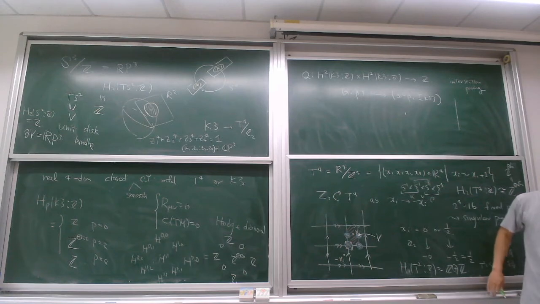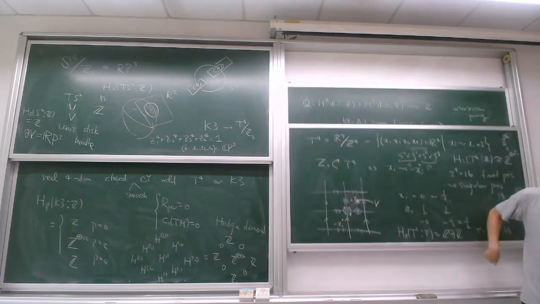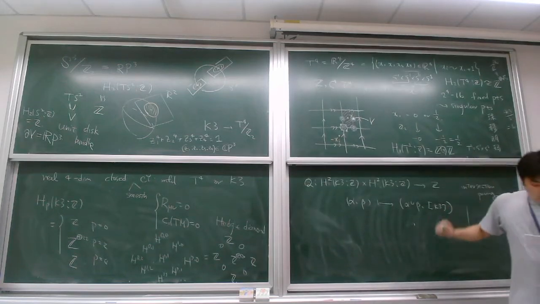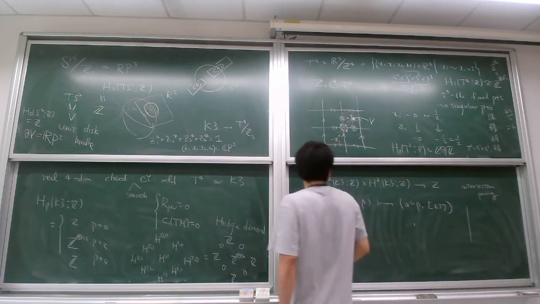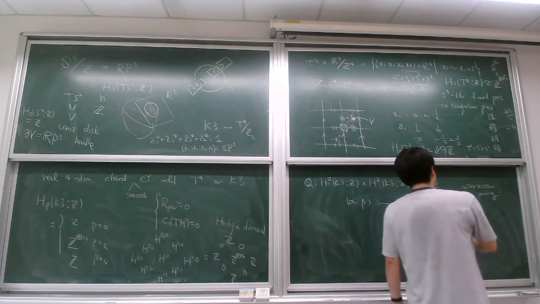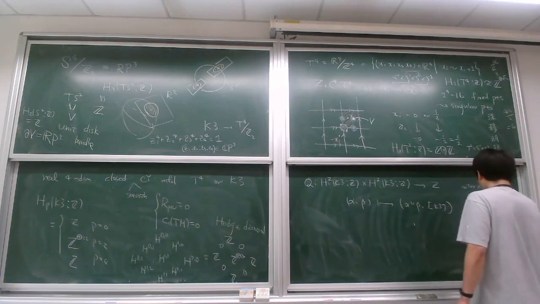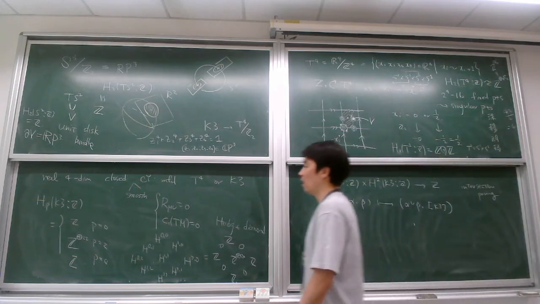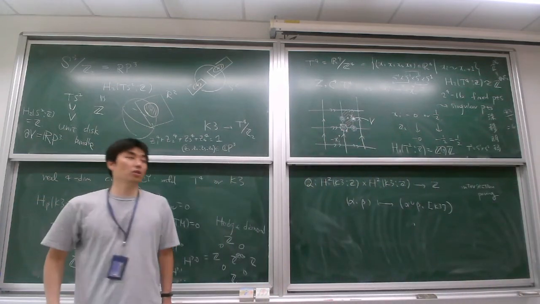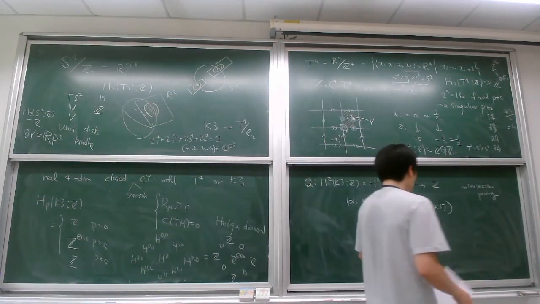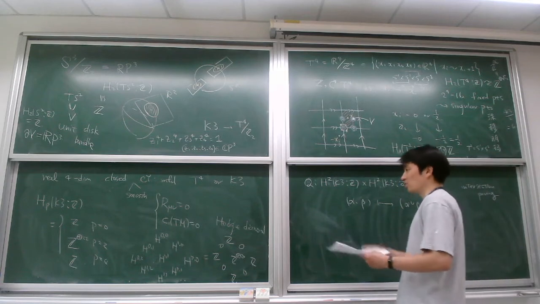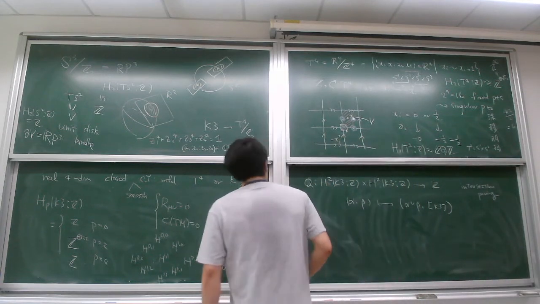That's how you get the intersection number. So you have the intersection pairing in the second homology group. It is 22-dimensional, and the intersection pairing is non-degenerate on a compact manifold.